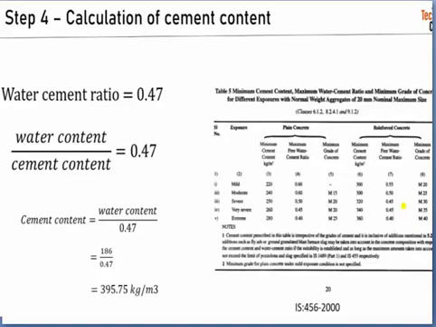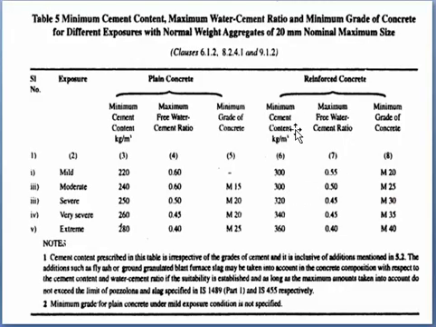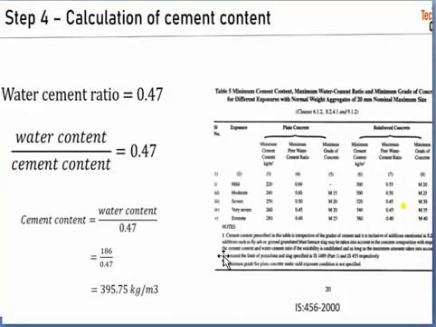Again, you have to check the calculated cement content against Table 5, which is this table. Minimum cement content should be 300 kg per meter cube. So your calculated cement content, 395.75 kg per meter cube, should not be less than 300.